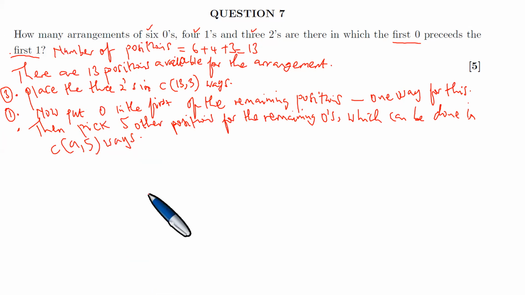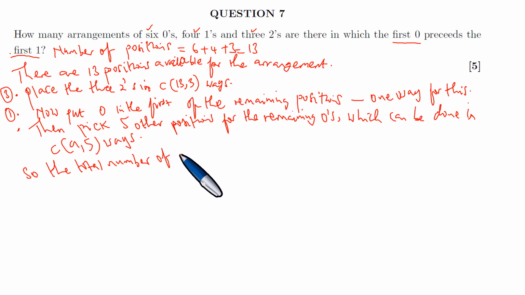What is then the total number of ways to do this? You have a sequence of processes to perform.